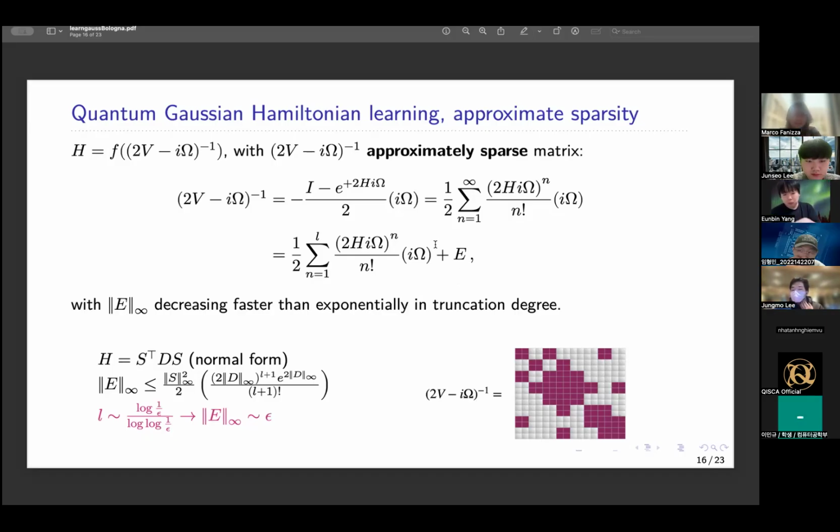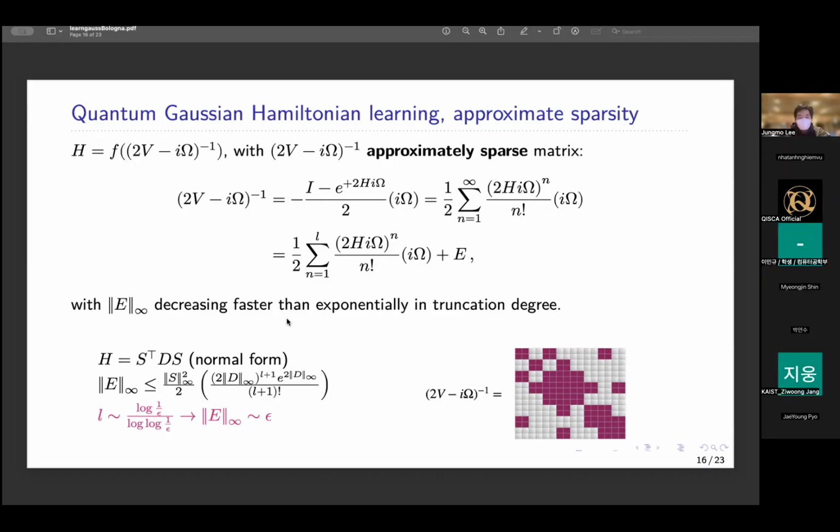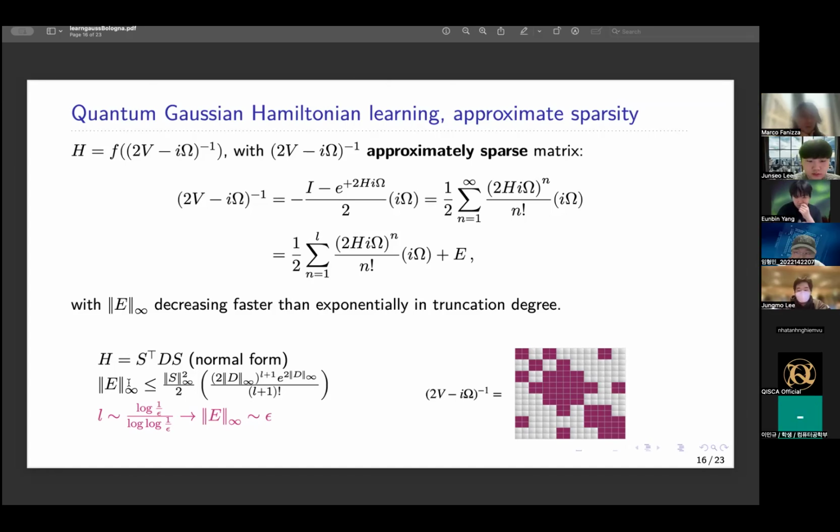And the error term E decreases faster than exponential in truncation degree. And using again the Williamson normal form, it's possible to see that by choosing L that goes like log 1 over epsilon over log log 1 over epsilon, the operator norm of E is of order epsilon.